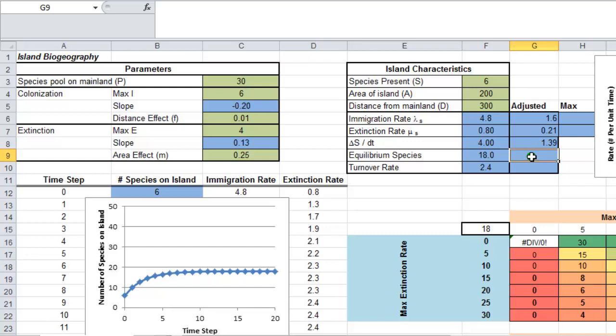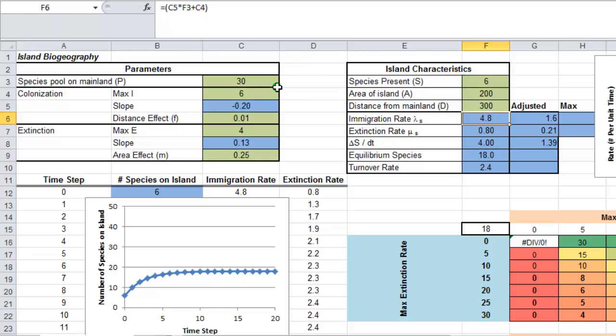Now this is going to take a little bit of thought here, and let me use some space over here to help us walk through our problem. So here we were computing our immigration rate, and let's just click on that, as the intercept plus the slope times the number of species.